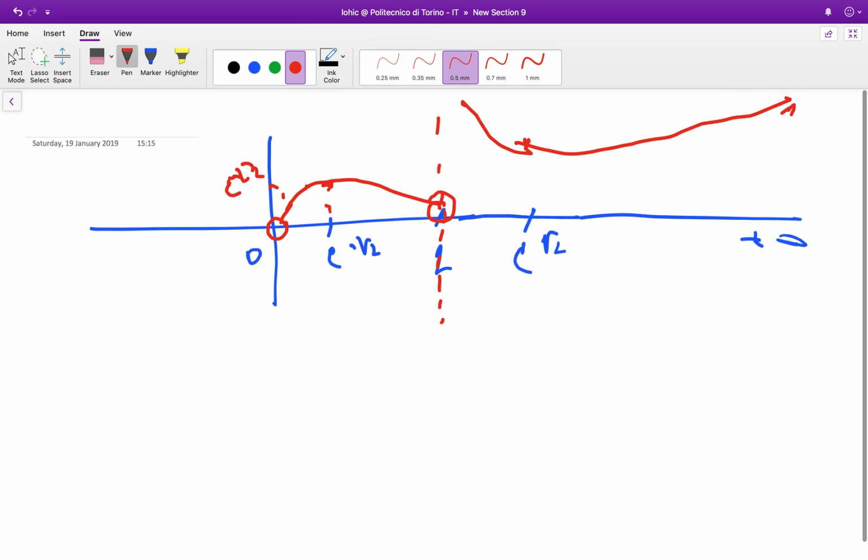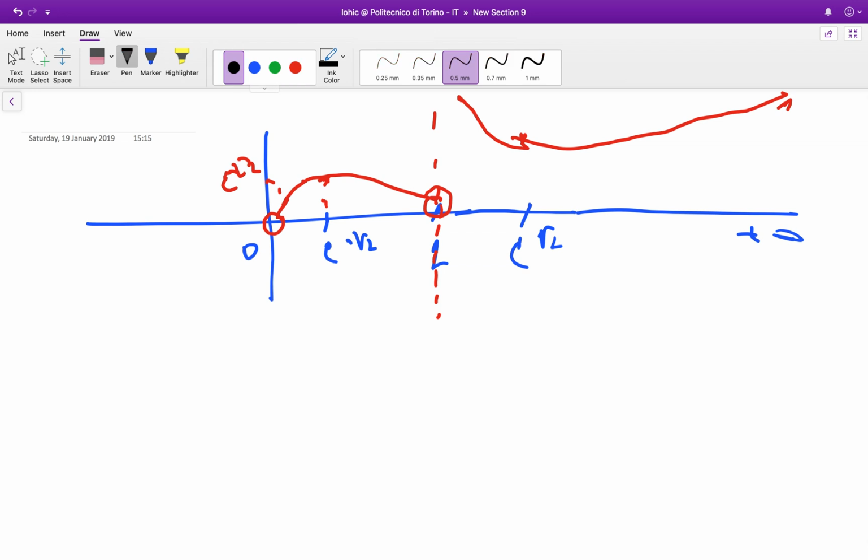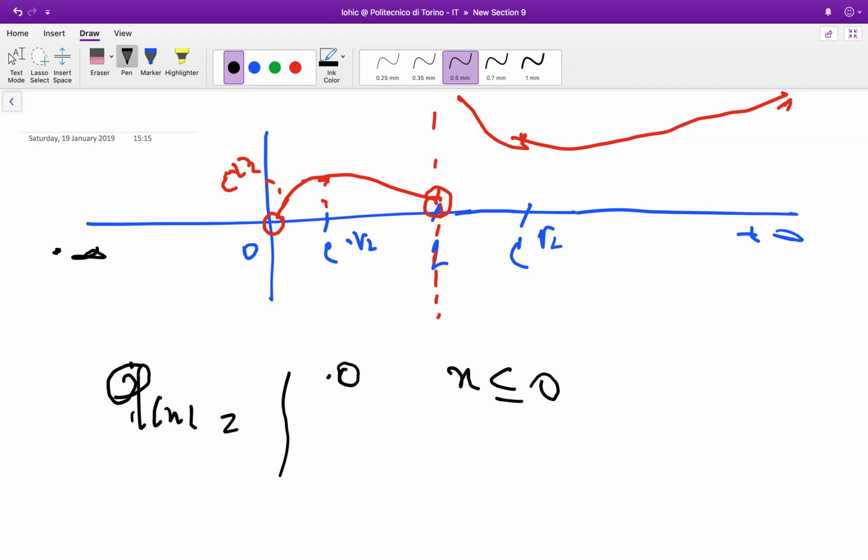Nice. So the question is, is it possible to find a function that prolongates this function in the interval from minus infinity to 1? Consider, for example, the function g of x equal to 0 when x is smaller or equal to 0, and equal to f of x when x is greater than 0.